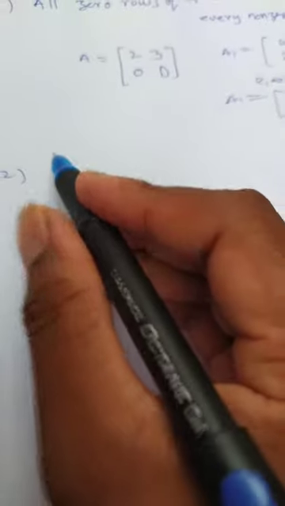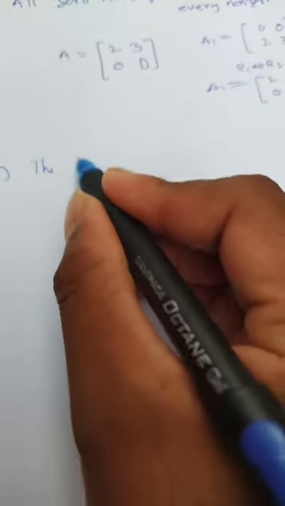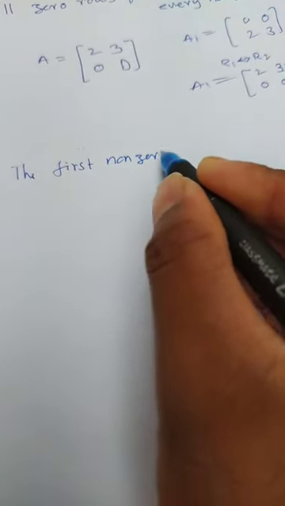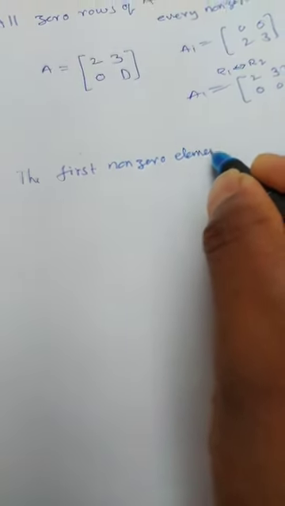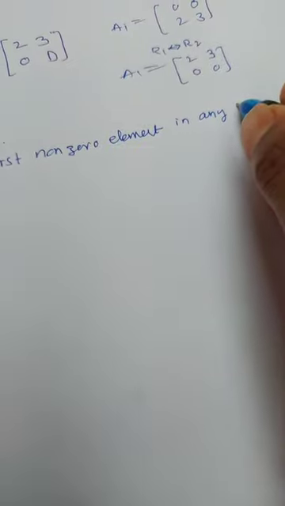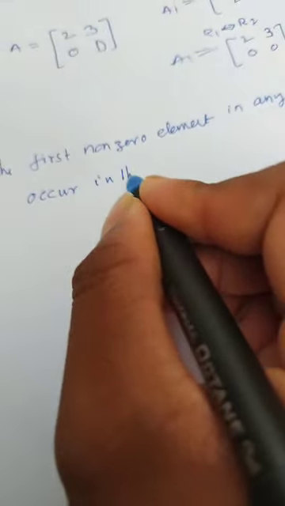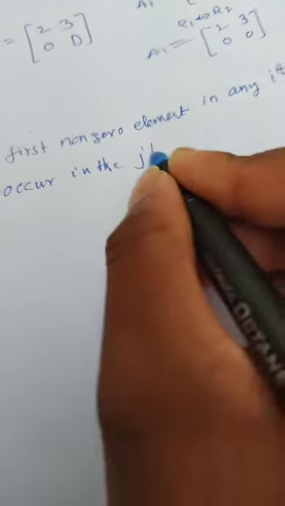The first non-zero element in any ith row of A occurs in the jth column.